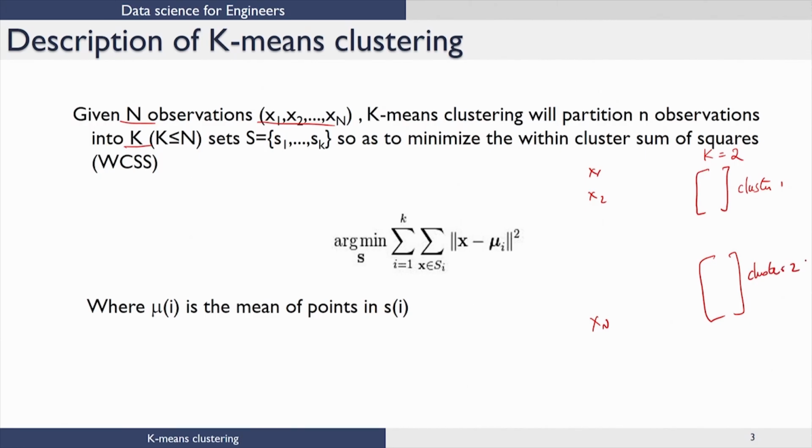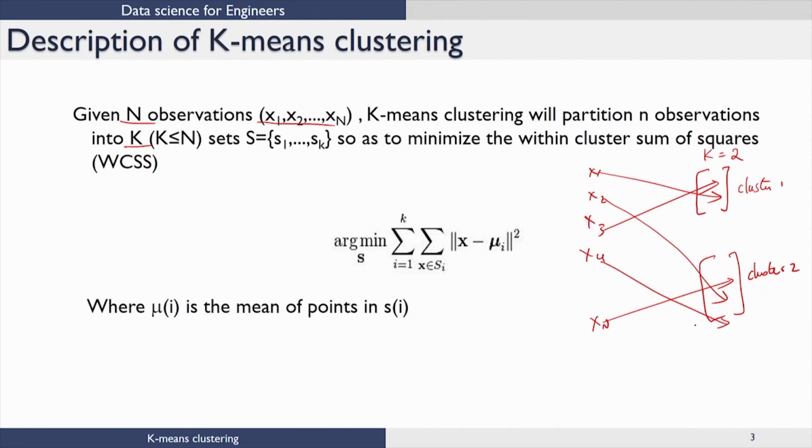Now, the job of a k-means clustering algorithm would be to put these data points into these 2 bins. So, let us say this could go here, this could go here, x3 could go here, xn could go here, maybe x4 could go here and so on.